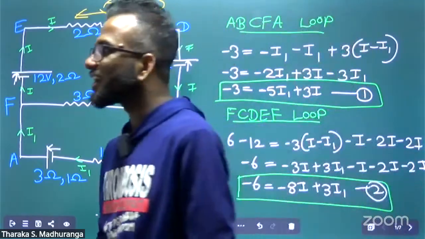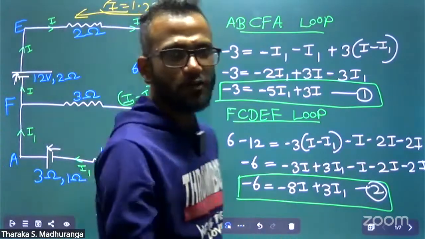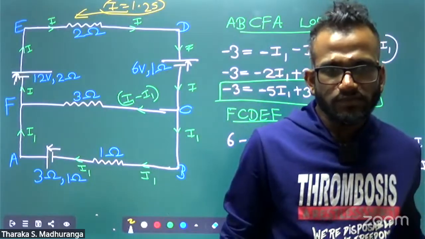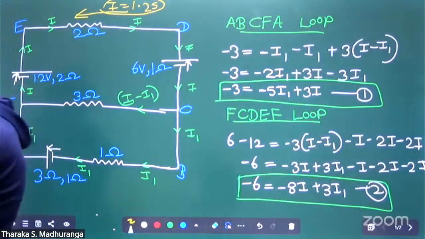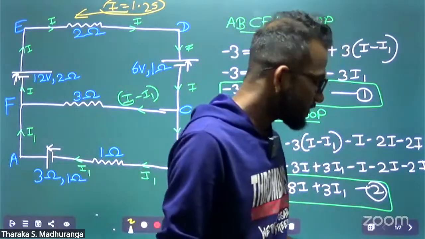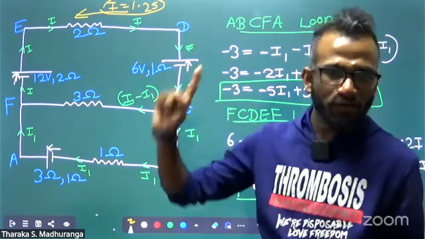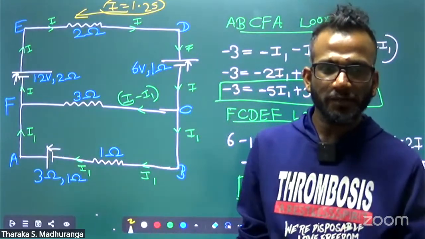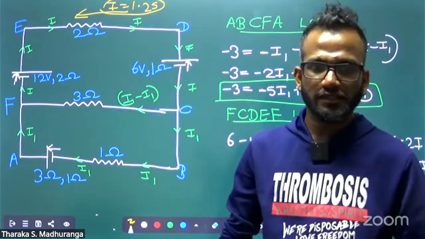Can we use one equation to find two unknowns? If you only need one unknown, you can take one loop equation and get the answer, no problem. But here it has two unknown factors.